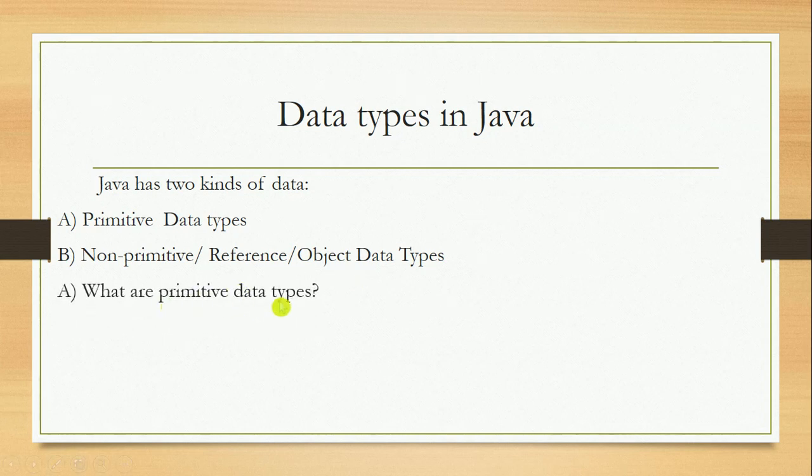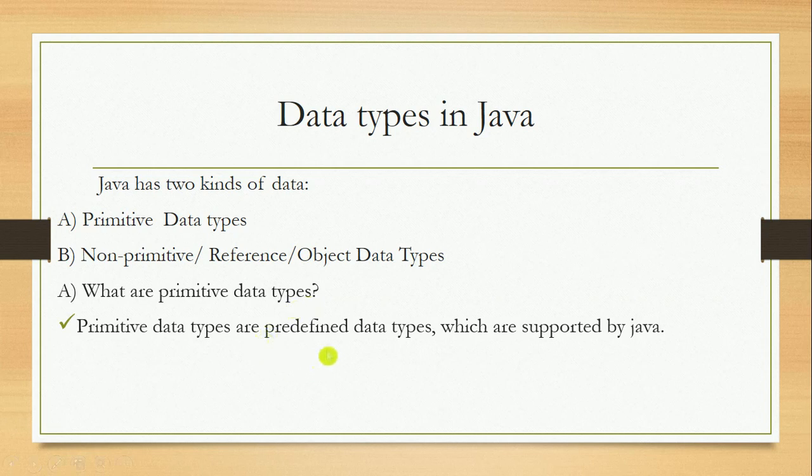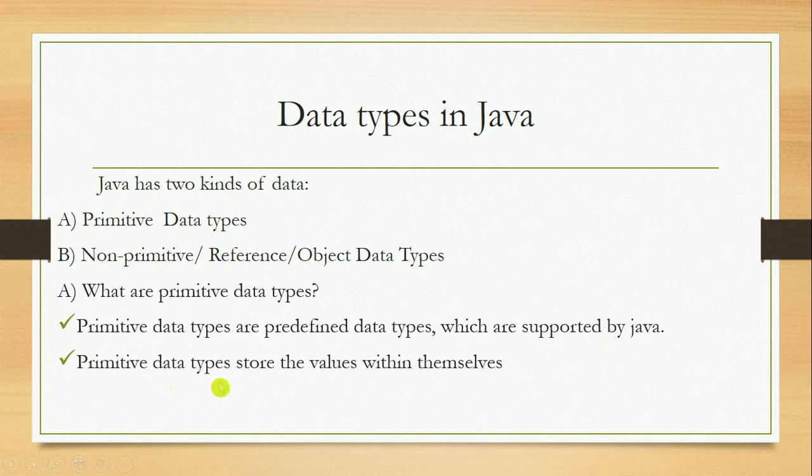What are primitive data types? Primitive data types are predefined data types which are supported by Java. Primitive data types store the value within themselves.